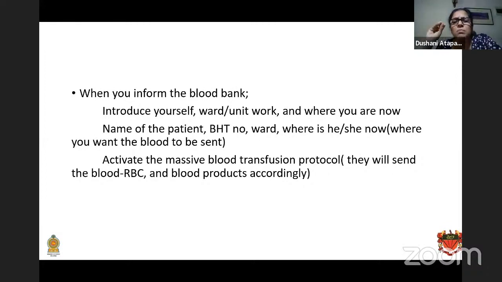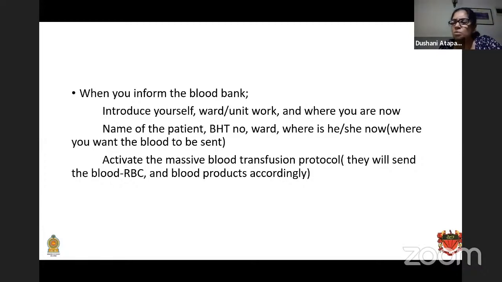And this BHT, patient number, these are very important to write very clearly, because when you go to the hospital, you will come across these practical things. Even if one number in the BHT is different, or one letter is different, they will refuse, and the blood bank won't issue the blood and the products.